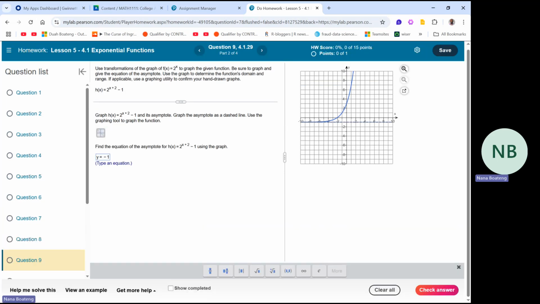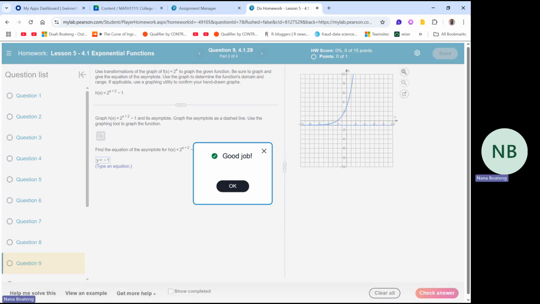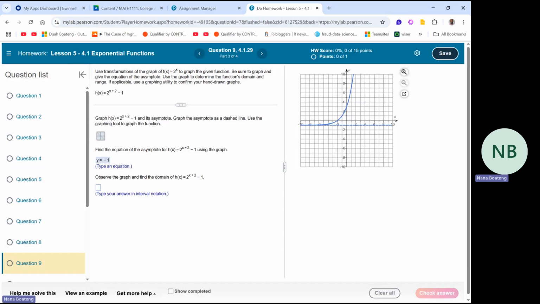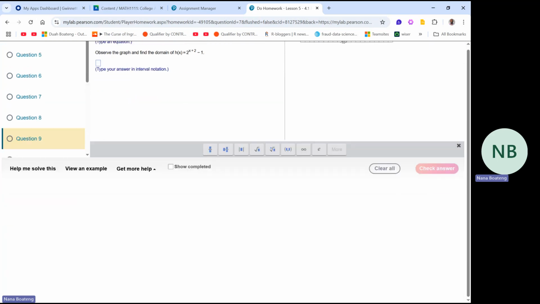So the asymptote is the line y is equal to -1. All right, so it says that is correct. And the domain of this graph is also from -infinity to positive infinity, right?